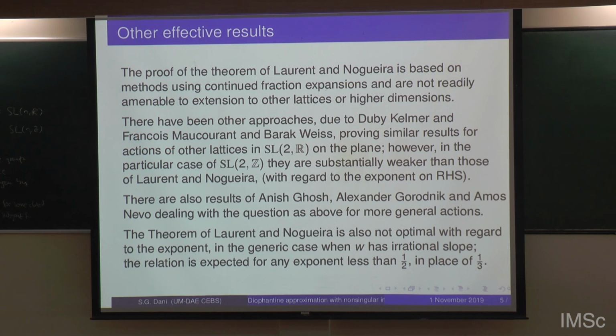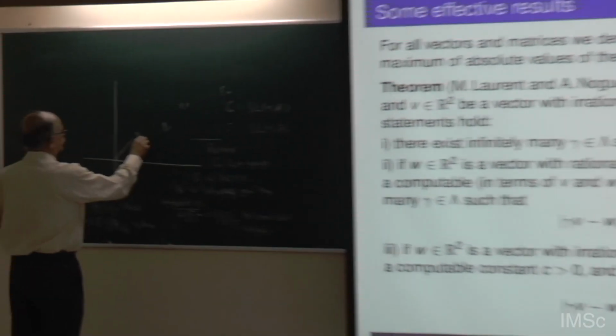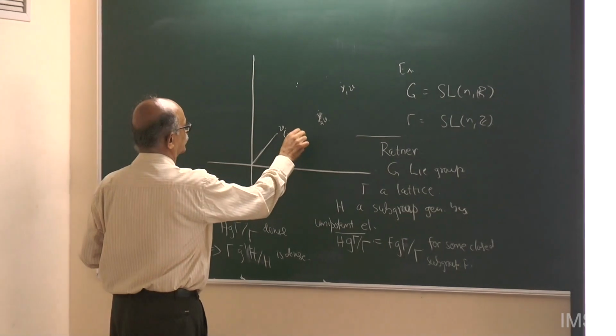The theorem of Laurent and Nogueira is forced to be for SL2Z and nothing about SL higher N Z, because the techniques involved are closely connected with continued fractions. For any vector, you have these two coordinates.